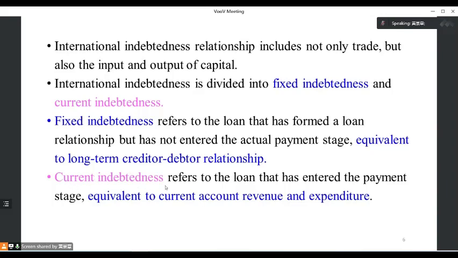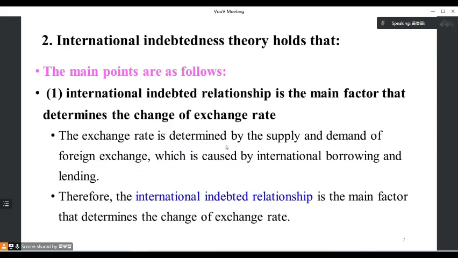Current indebtedness refers to the loan that has entered the payment stage, equivalent to current account revenue and expenditure. So we can find the difference between fixed indebtedness and current indebtedness. Let's go on.